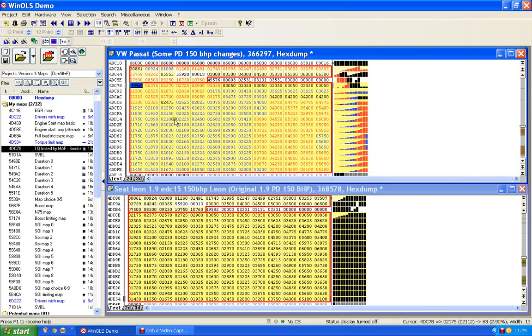Right, now what we've got is some slight increases here, which are probably not that relevant because they're only really occurring at low values of airflow and low revs per minute, so they're probably not that important. Then we've got some reduced values in the middle here, which may well not be reduced.